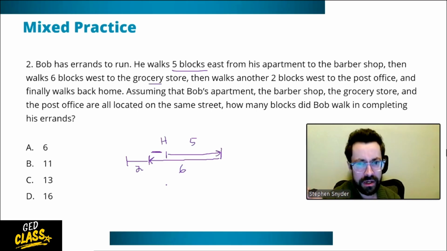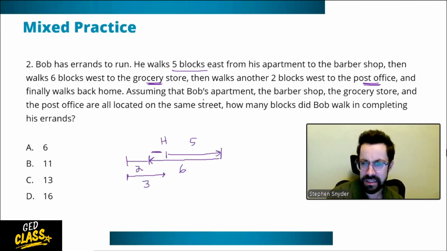See, I would have passed the grocery store and gone back, hit the grocery store on the way back home. Because I don't know what Bob's doing. Bob's going to carry all his groceries to the post office and then walk back home. That seems really silly. That seems really strange. But yeah, y'all are right. He is 3 away from home. So he is going to go 3 blocks back home.